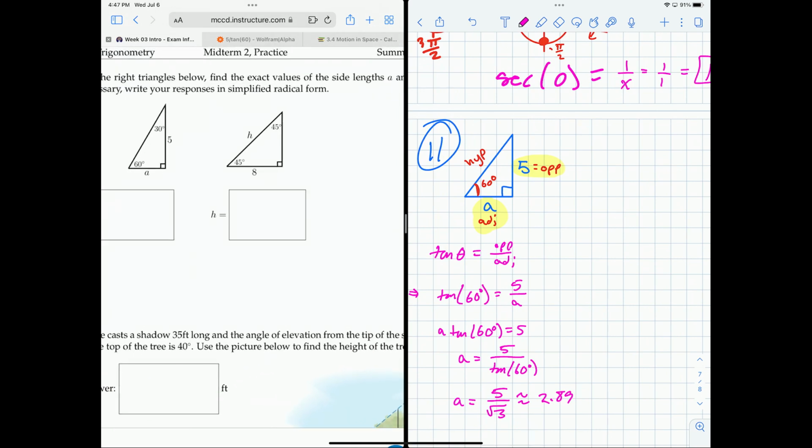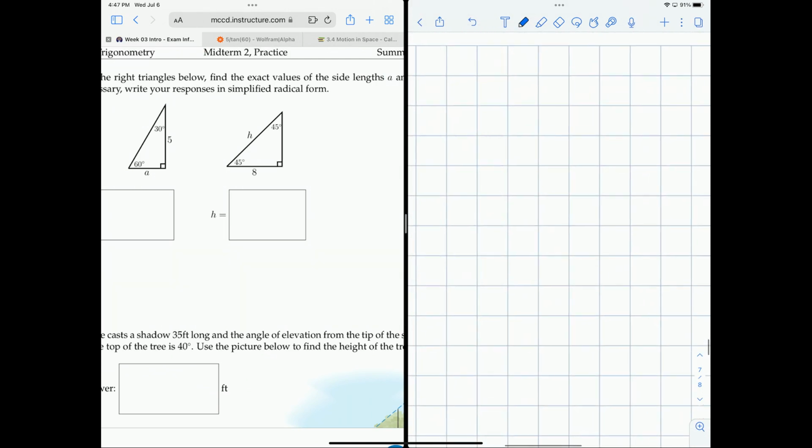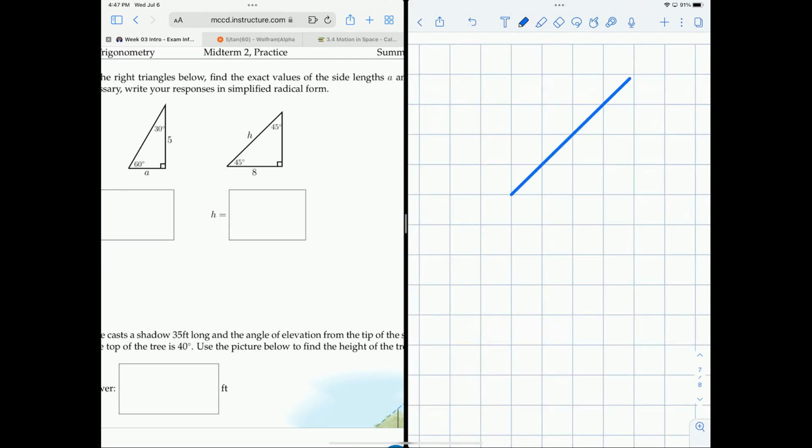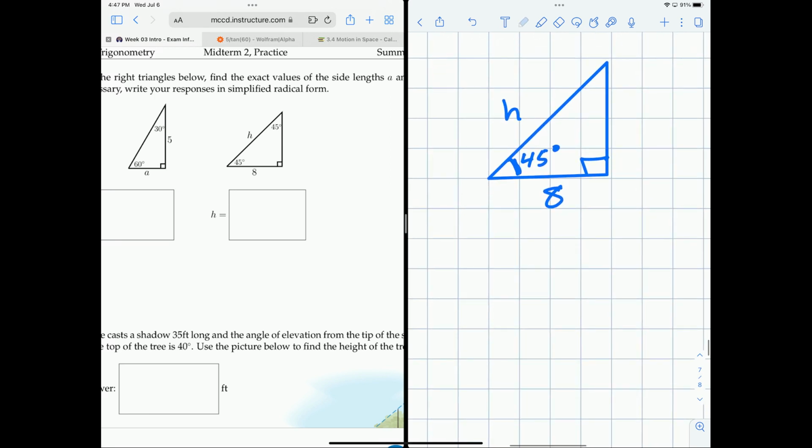Another triangle. Same exact process. 8, that's the right angle, believe me. It might not look like it. 45 degrees there. And again, I only need to pay attention to one angle. So my sides are, this is the opposite, this is the adjacent, this is the hypotenuse.